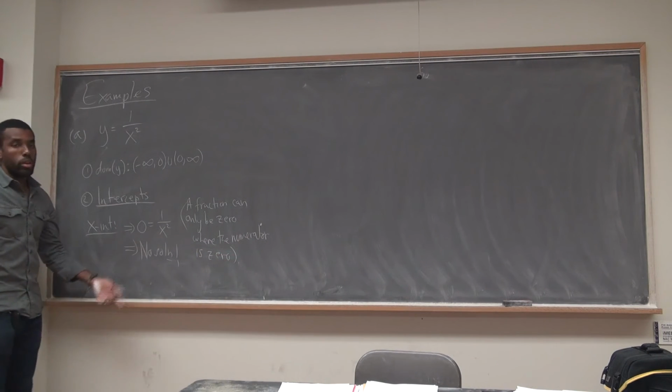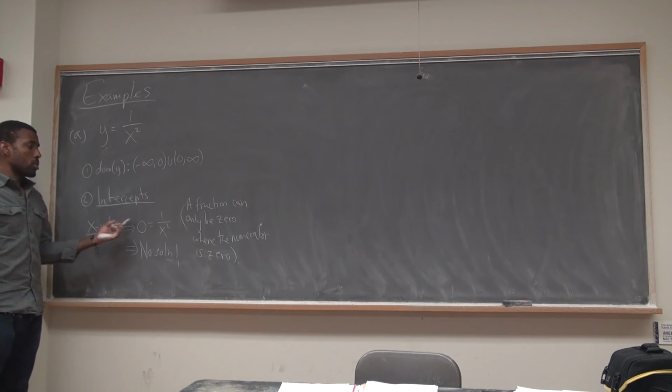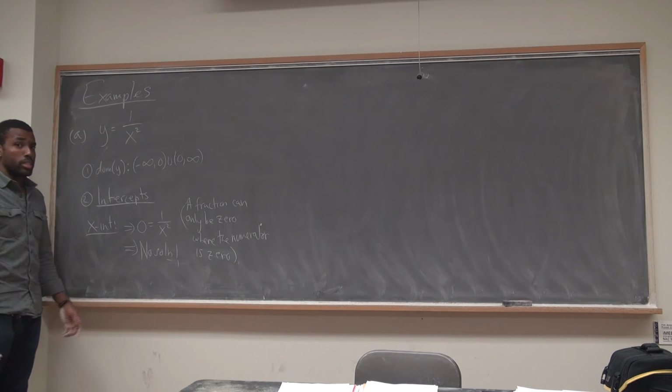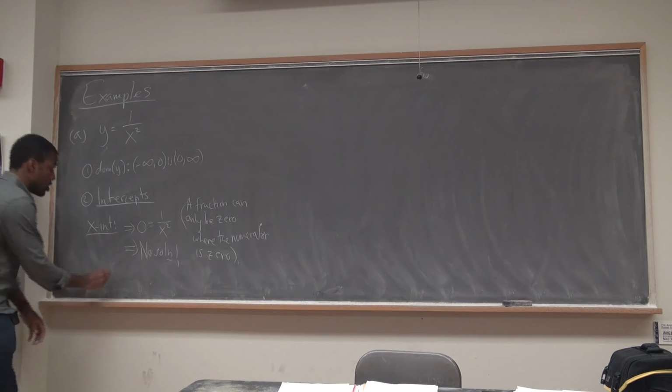The numerator here is 1. 1 can never be 0. Again, you can see this if I multiply both sides by x squared, I would get 0 equals 1, which makes no sense. So this has no solution. So there are no x-intercepts.